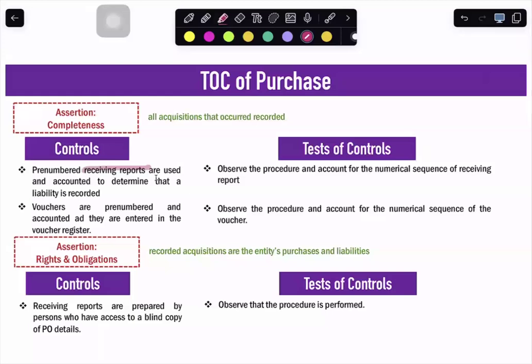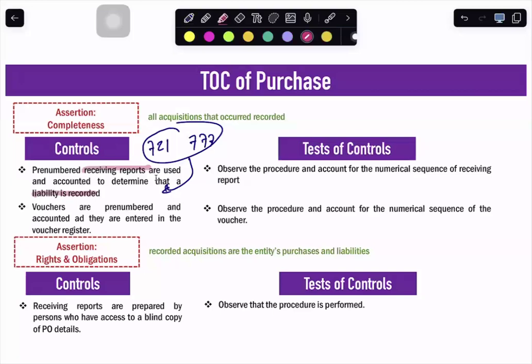Based on this, we account for the total number of receiving reports, and this must correspond to the liability we recorded. For example, you started this month with receiving report 721 and ended with receiving report 777. In comparison, from 721 to 777, there must be a liability recorded for those receiving reports.